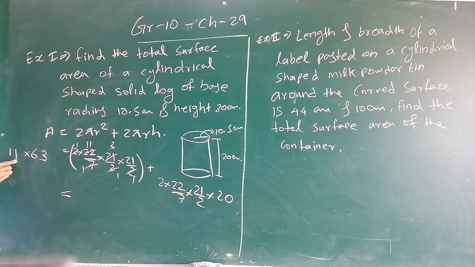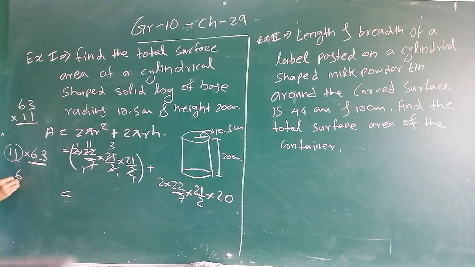Multiplying with 11 is a simple way. If you multiply any 2-digit number by 11, you can easily do this step; you don't need to do it the long way. The number to multiply is 63.